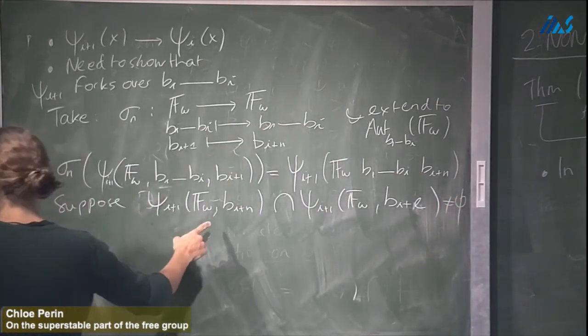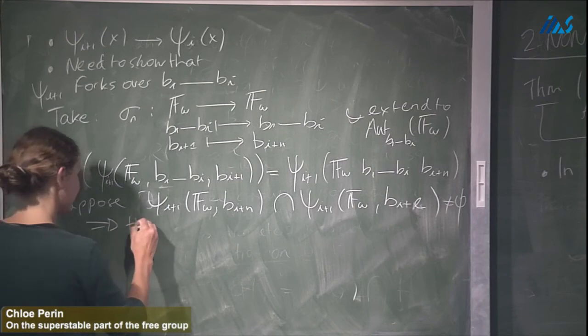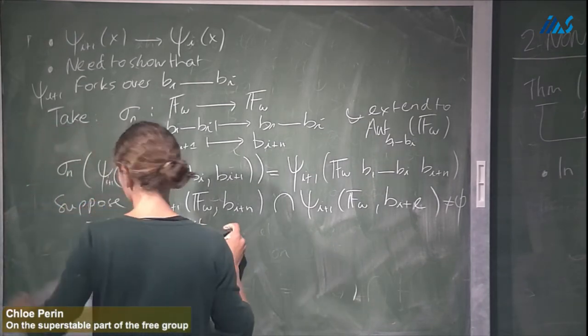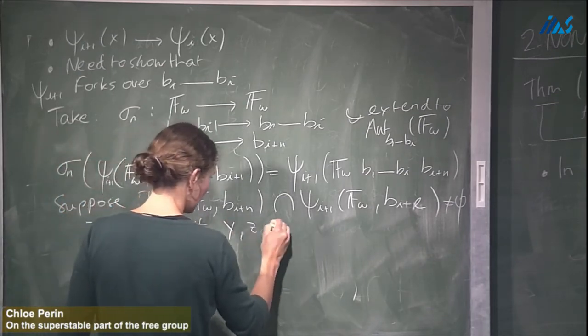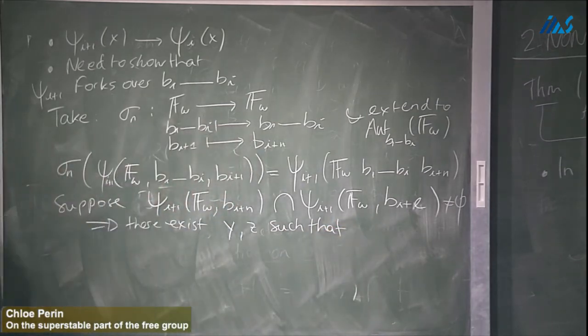Okay, so what is this set? This set just tells us, you know, your element, it's a word that looks like this. Okay, so then it means that there exists, of course, two different values of y, so let's say y and z, such that you have a word like this.